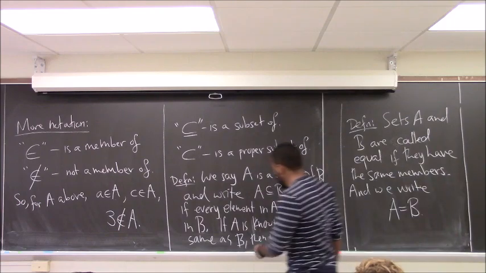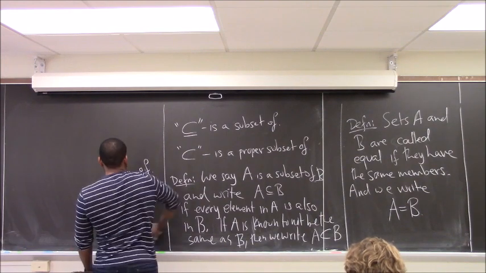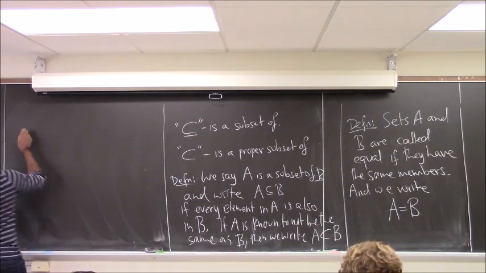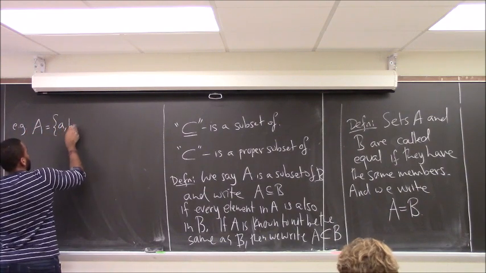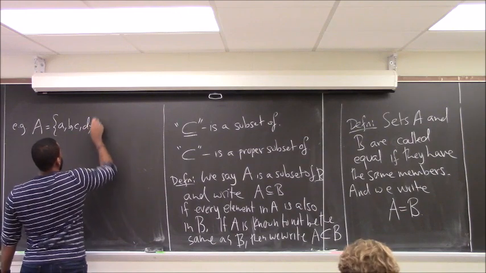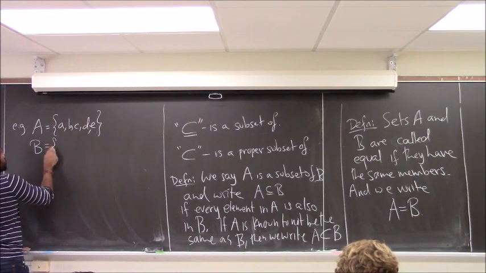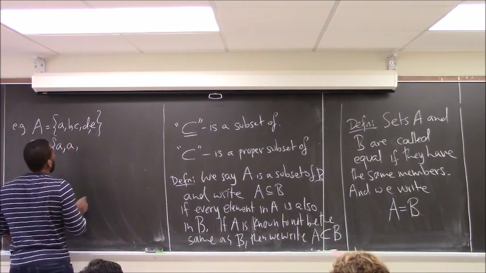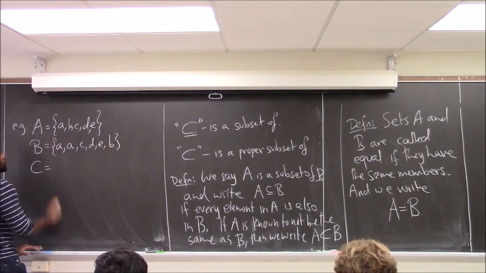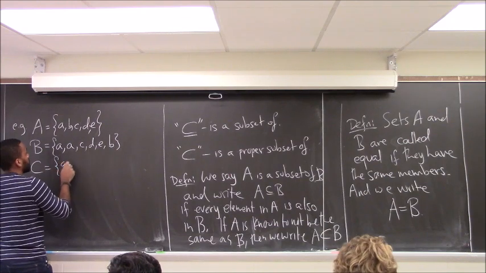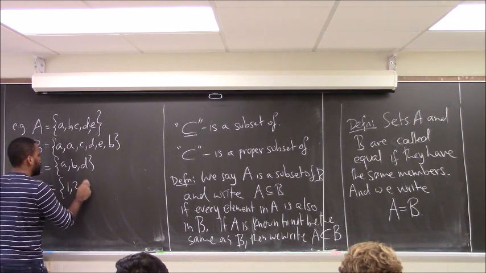Now, let's do some examples to make sure we actually understand this notation. So if I have A equals A, B, C, D, if I have B equals A, C, D, E, B, if I have C equals A, B, D, I have D equals 1, 2, 3.